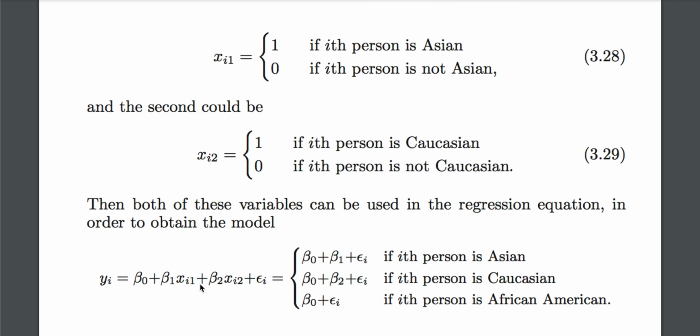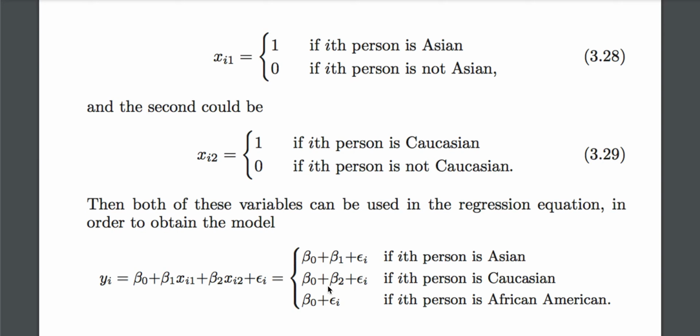And if race is African, then the response is beta 0 plus the irreducible error. If it's Caucasian, then this coefficient is 0, this coefficient is 1, so it's beta 0 plus beta 2, and so for Asian.